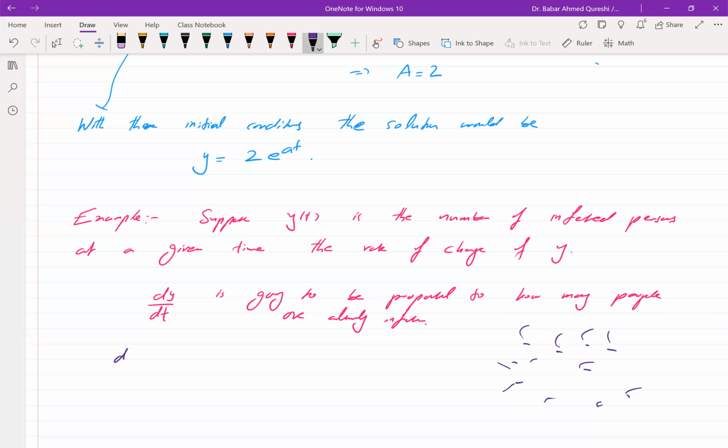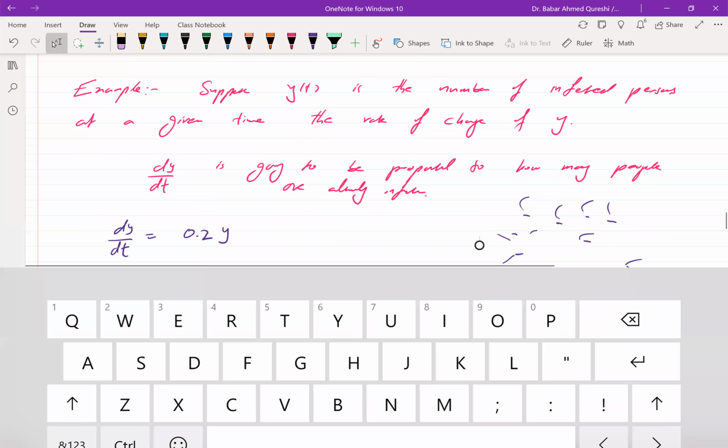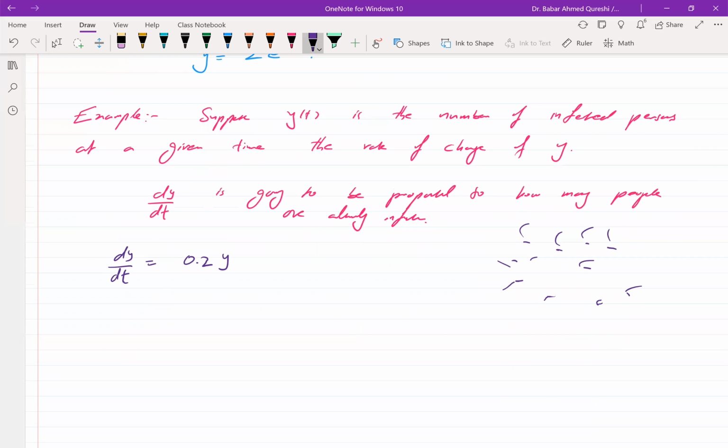Then the rate of change in infection will be proportional to how many infected people you already have. And you will have a constant telling you what is the probability of that infection to increase. So suppose each person has a 20% chance of infecting one other in a unit time, and this unit time could be anything, for example, 1 day.